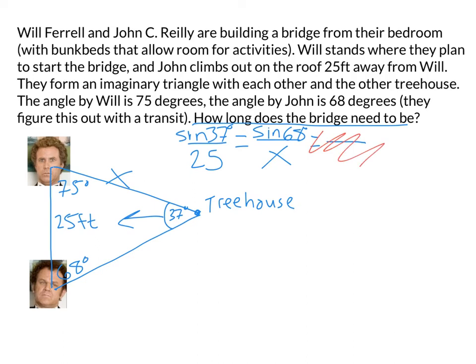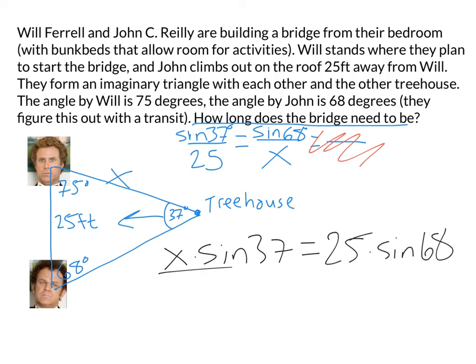I do not care about that last piece for this particular problem, not solving for that length. All right, so I can just go ahead and cross multiply and solve here. So x times sine of 37 equals 25 times the sine of 68. And my last thing to do is divide by sine of 37 on both sides.